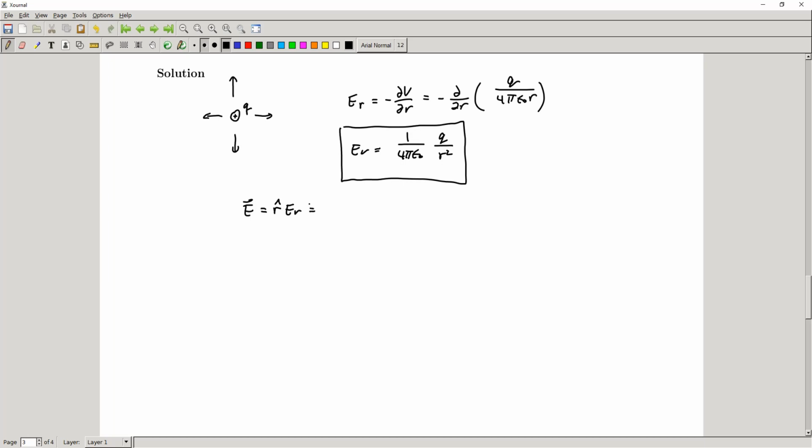So we can write it in vector form like this. So this would be the scalar component of our electric field right here, and then here this is the full vector expression.